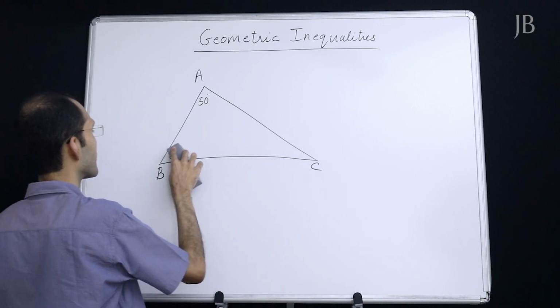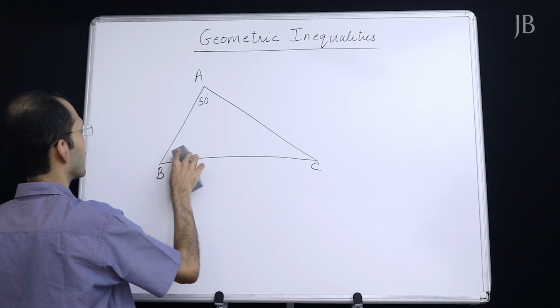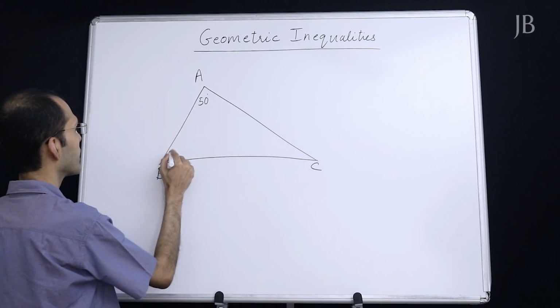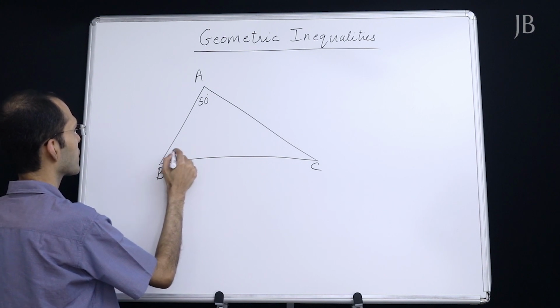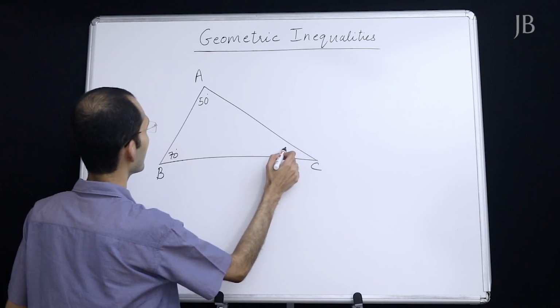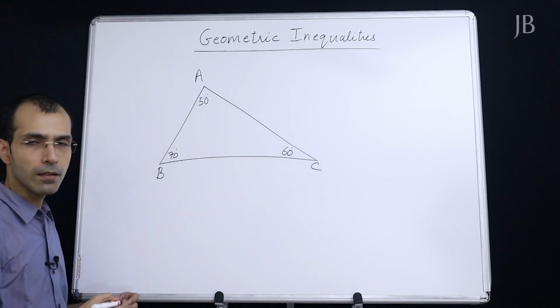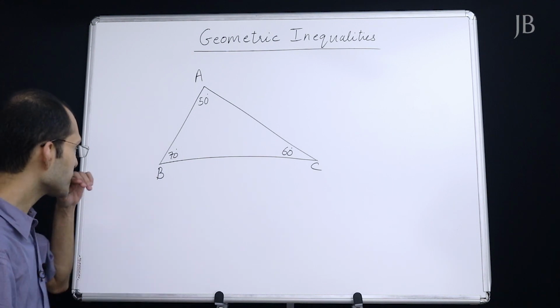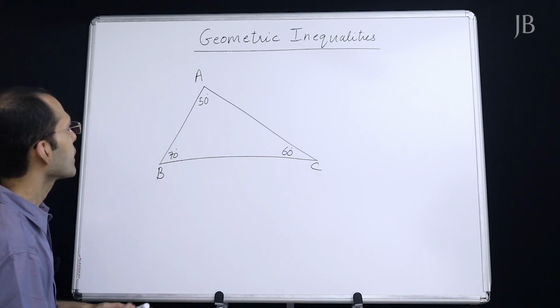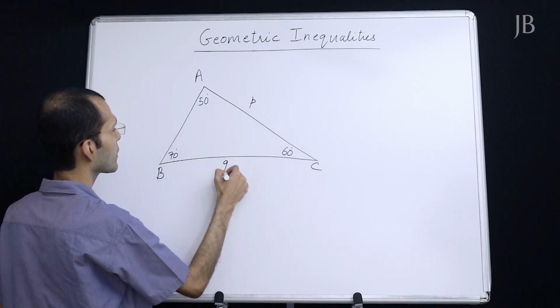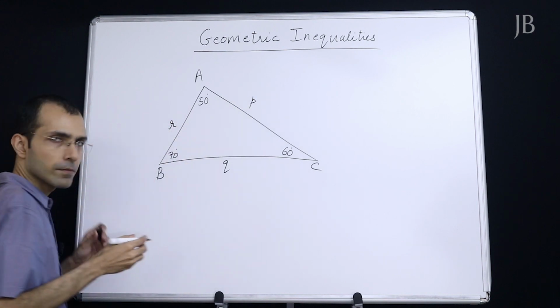Wait, let me change the measurement. Say this is 50 degrees, let this be 70 degrees, and this will be 60 degrees then. Sum of the angles of a triangle is always 180, so this is fine. Now the sides we denote by say P, Q and R.